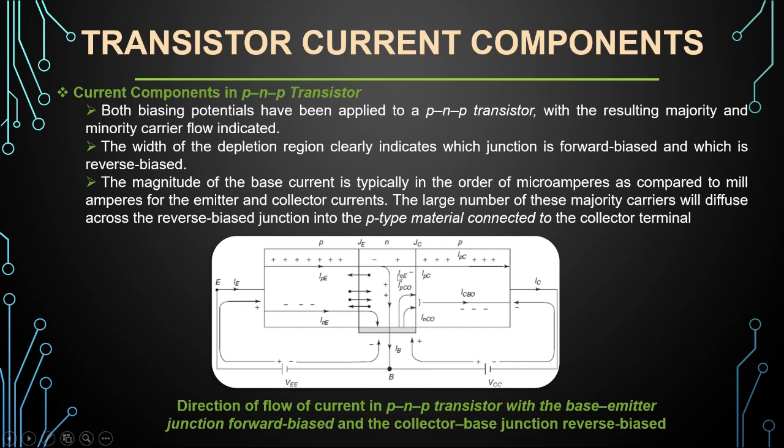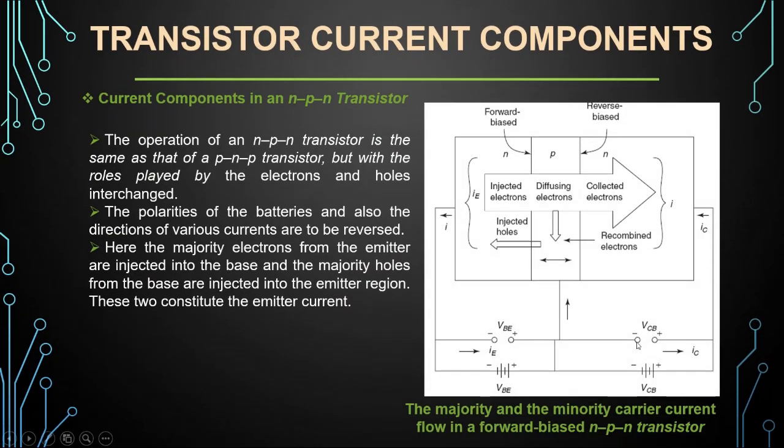So this is the base current due to various currents which are moving across the emitter and collector. And this one is the collector side. This ICBO is the output current. IC, the collector side, is the output. ICBO is the output current when the emitter is open. Again, we will discuss these concepts in detail.